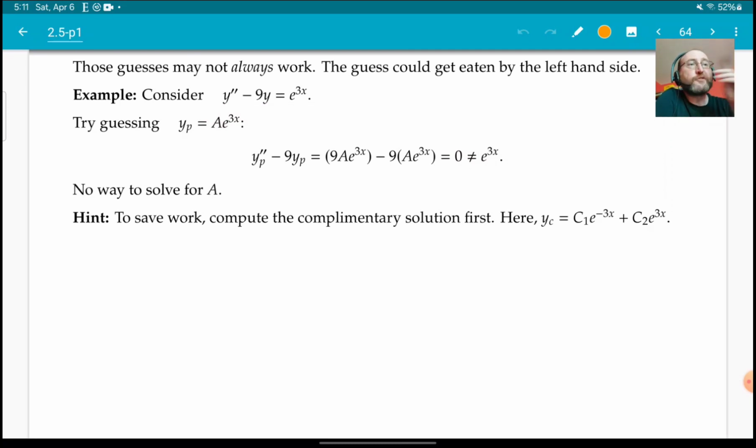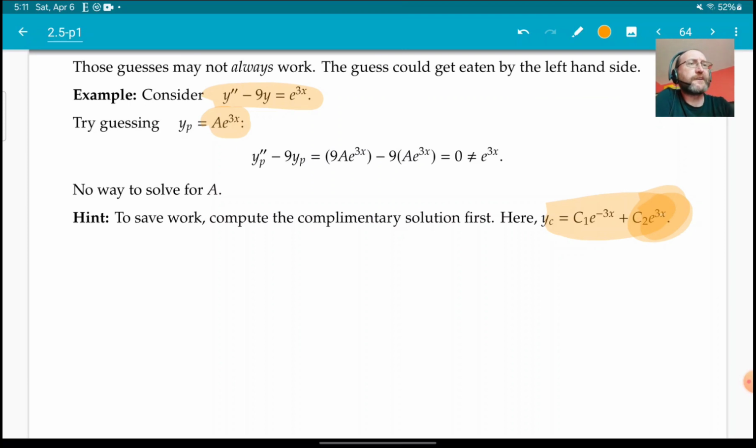To save work, because you generally want to find the general solution, you should always first compute the complementary solution. Once I compute it, I notice that this guy is there, so this is just not going to work. There is a duplication between my guess and my complementary solution. So what to do?